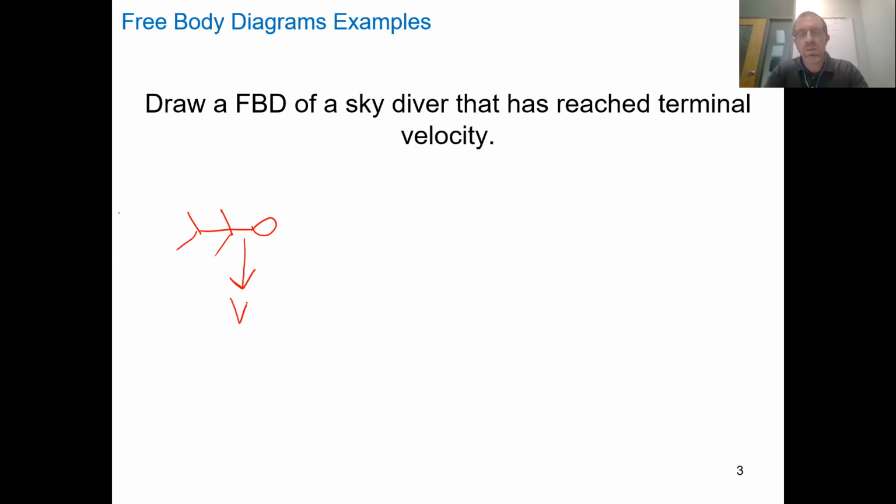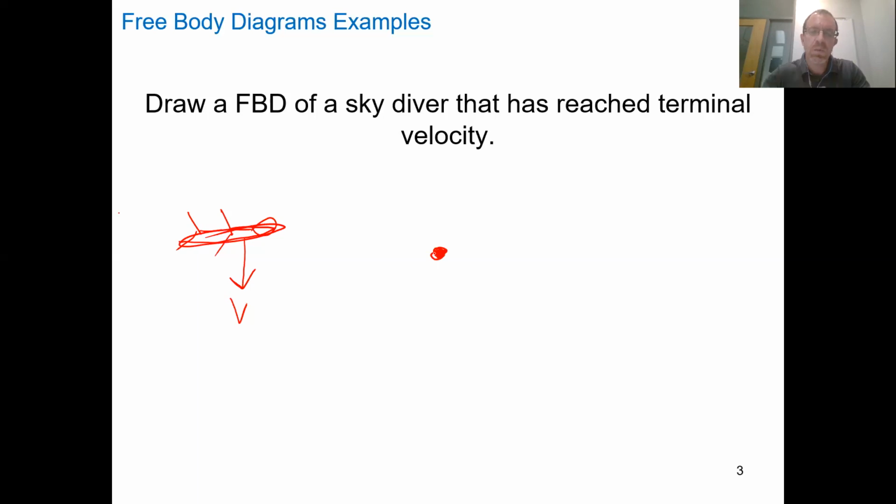Now we can ask ourselves, what does terminal velocity mean? That's his maximum velocity, so he's not accelerating anymore. What's keeping him from accelerating? Well, it's actually all this air pushing upwards on his body. So there's some air resistance, some drag on this particular object that we're interested in.